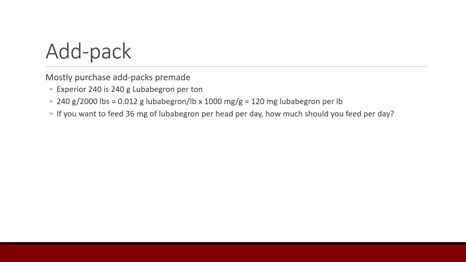And we set up our units. I'm wanting 36 milligrams per head per day. I have 120 milligrams of flubavergon per pound.